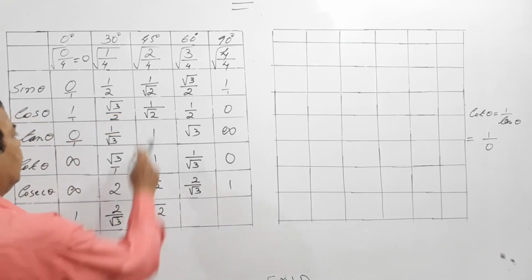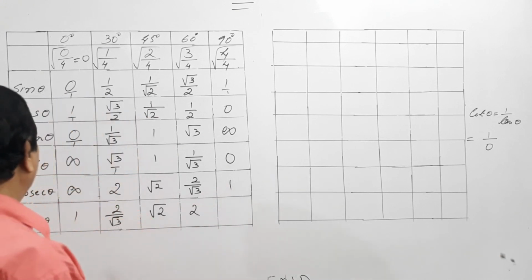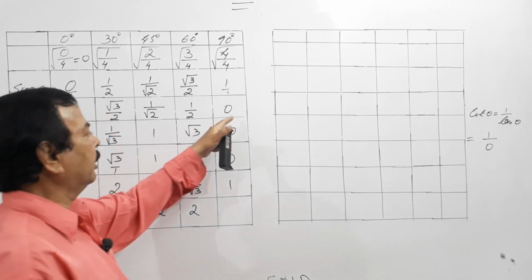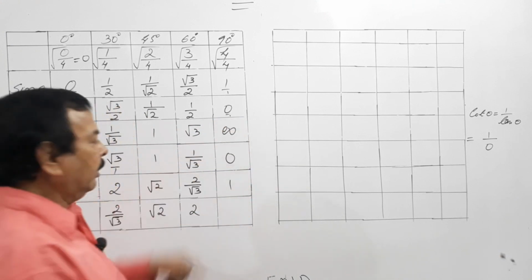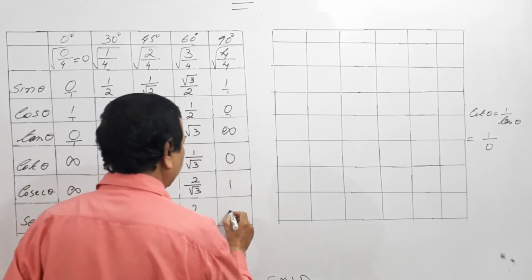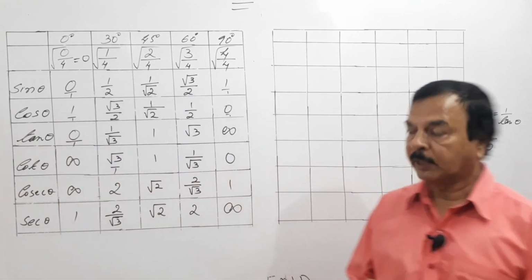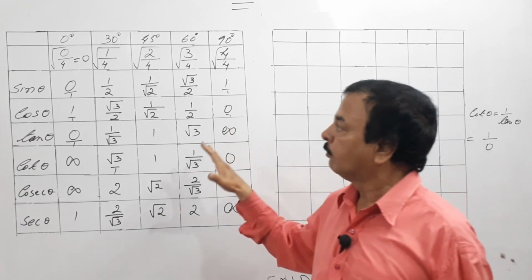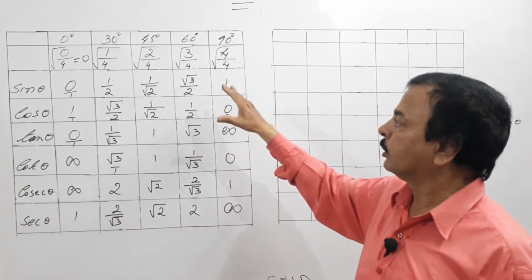So this becomes root 2 and this becomes 2. And what about cos? 0 by 1, 0 divided by 1, that is 1 divided by 0, it becomes infinity.